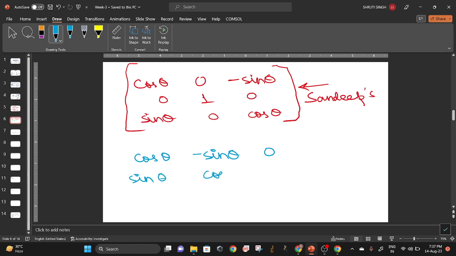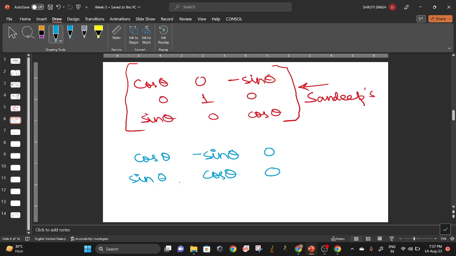Maybe they have changed this. This is anti-clockwise, ma'am, as they have written in the course. For clockwise, sin theta should be positive.